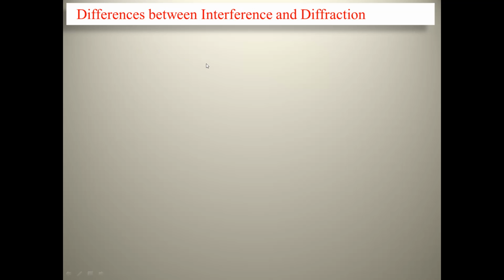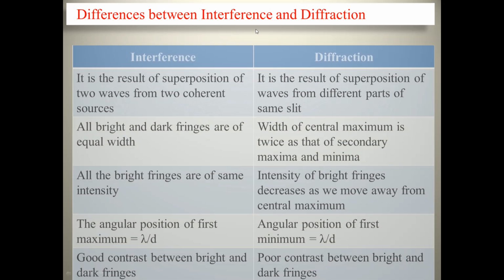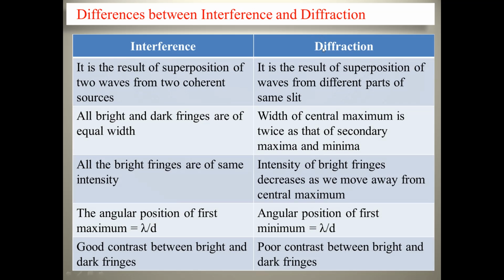Now let us see the differences between interference and diffraction. Interference is the double slit experiment and diffraction is the single slit experiment. Interference is the result of superposition of two waves from two coherent sources.